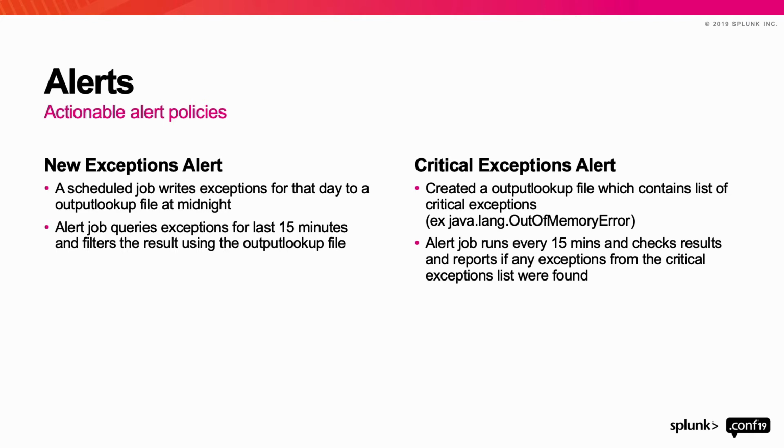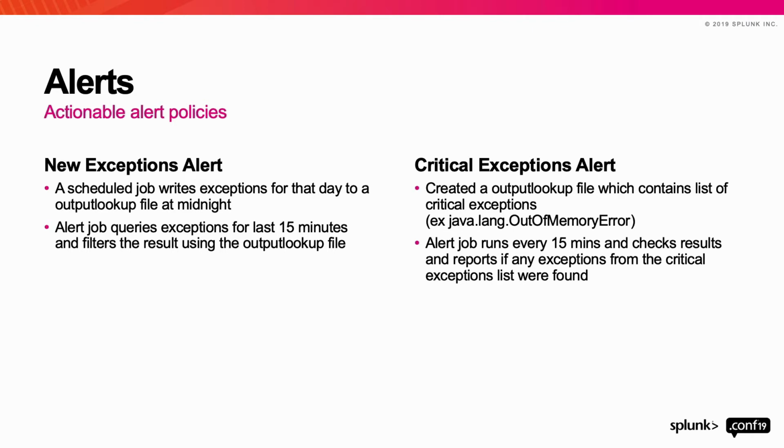The next one, with a similar type of design, is the critical exceptions alert. These are things that we know are really bad: if we see these exceptions, then the server is probably down. For example, java.lang.OutOfMemoryError or StackOverflowError. So we created a list of exceptions that we know are bad and saved them to a CSV file.